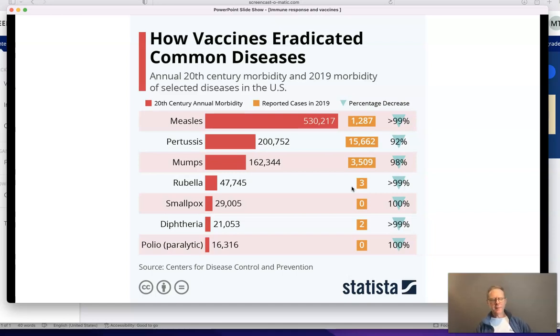For some reason, people don't like to get vaccinated as much against that one. Mumps is down, and as you can see, some of these things, smallpox, polio, are at or near zero. I say near zero because there's been a slight resurgence in polio, as there's a newer generation of people who aren't vaccinated. And of course, if you're not going to get vaccinated, diseases are going to come back.